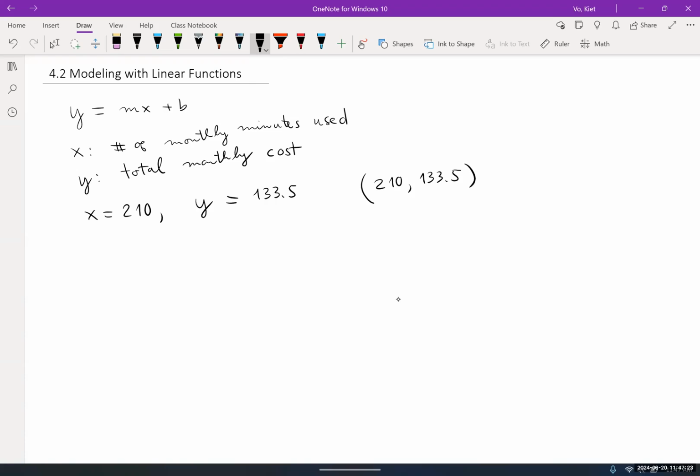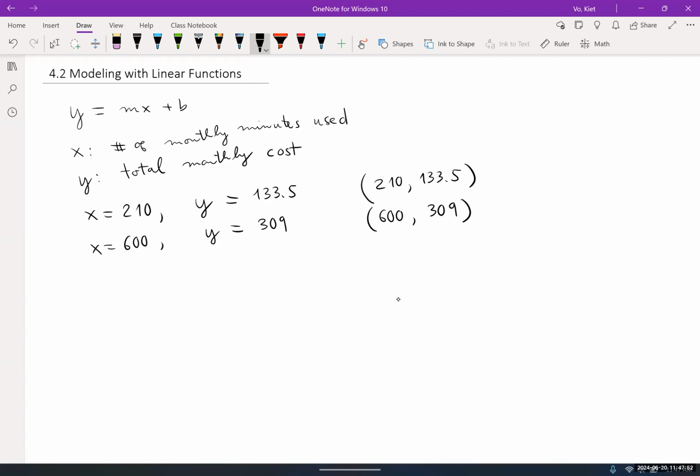And we're also given that if the customer uses 600 minutes, which means when x equal to 600, the cost is $309. So we get another pair of numbers, 600 comma 309. Now, using the two ordered pairs, we can write the equation that would represent the total monthly cost for this plan.